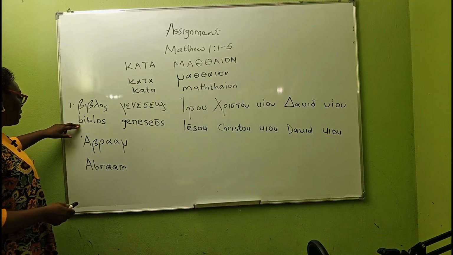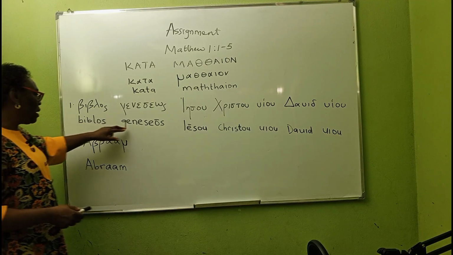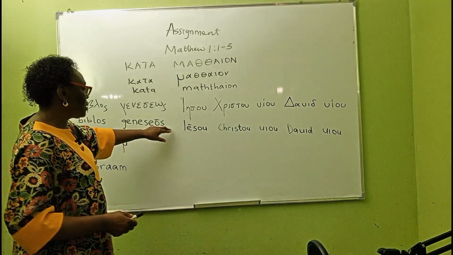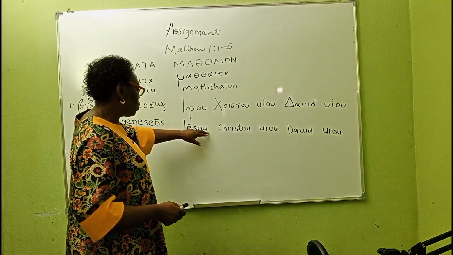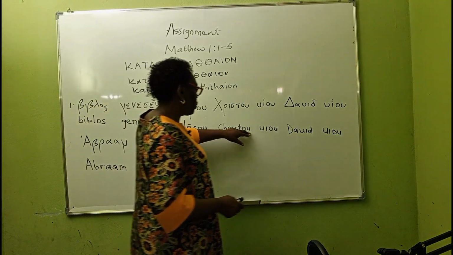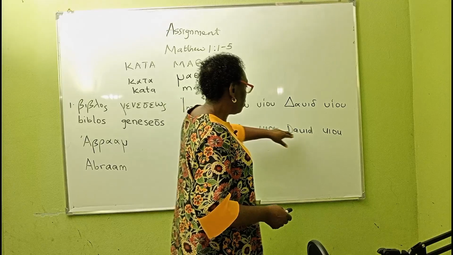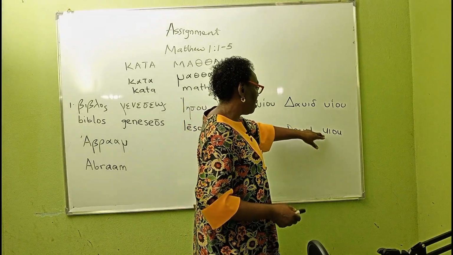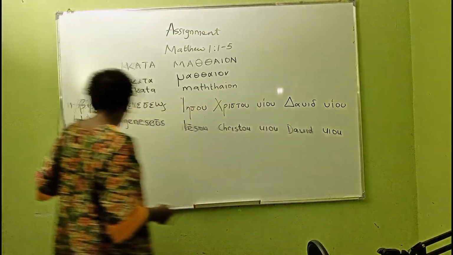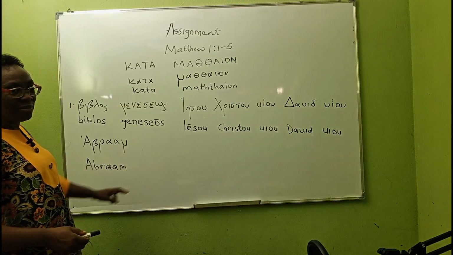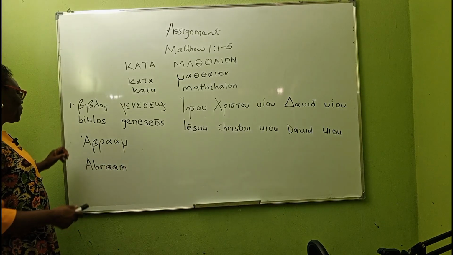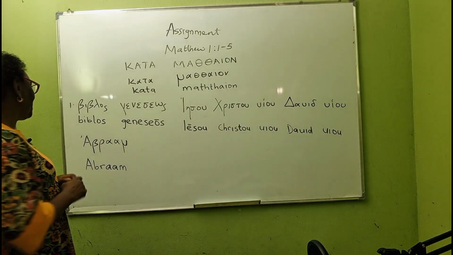You can now read Biblos, Geneseos, Iesou, Christou, Huiou, David, Huiou, Abraham. What he's talking about, let me not try to explain that for now.